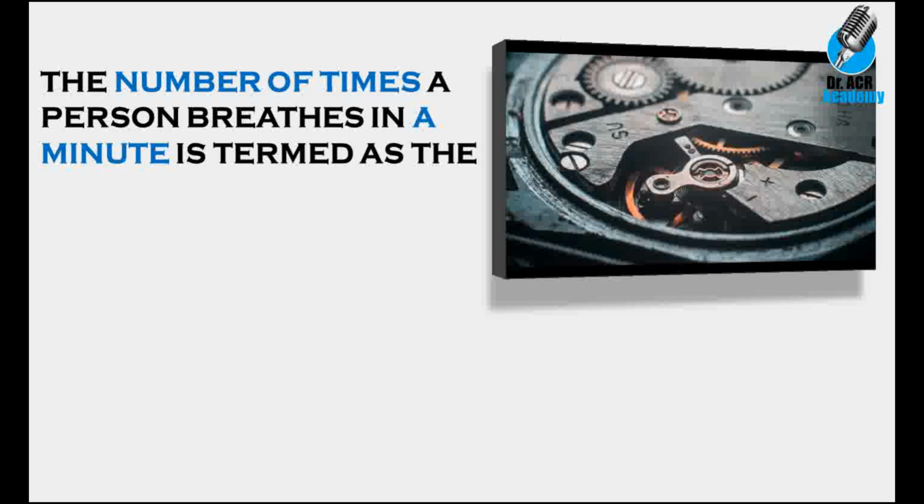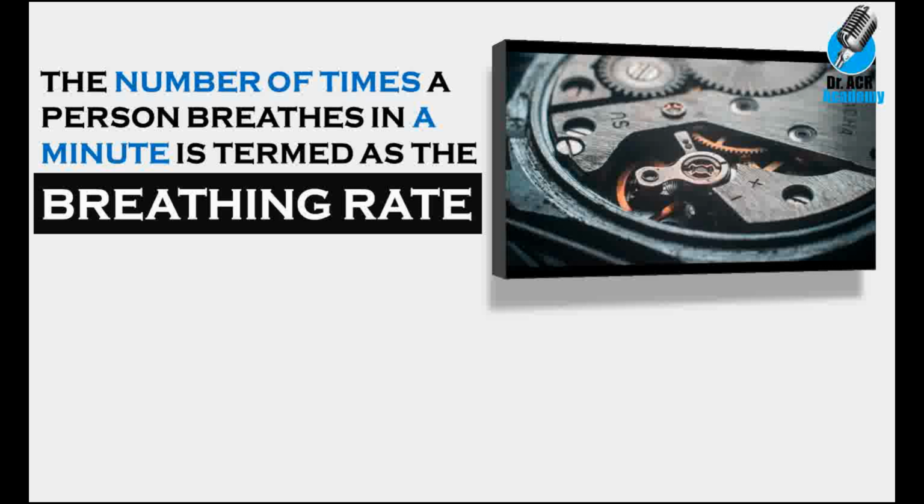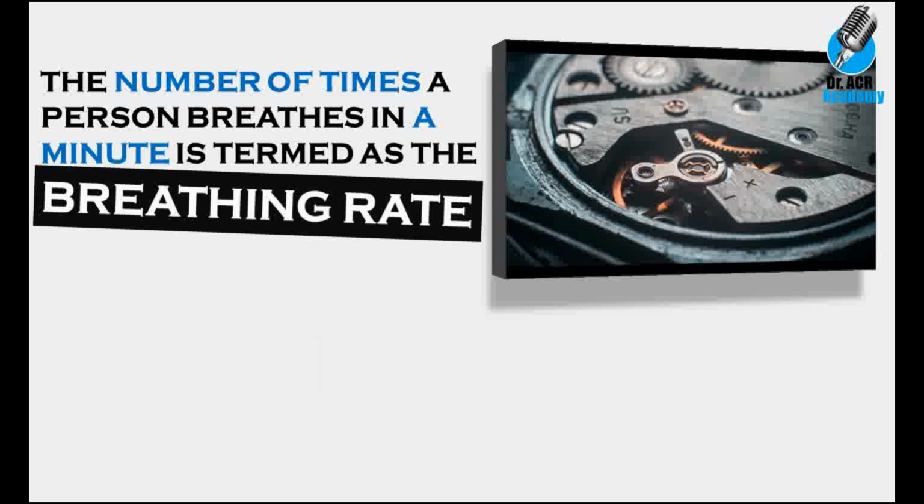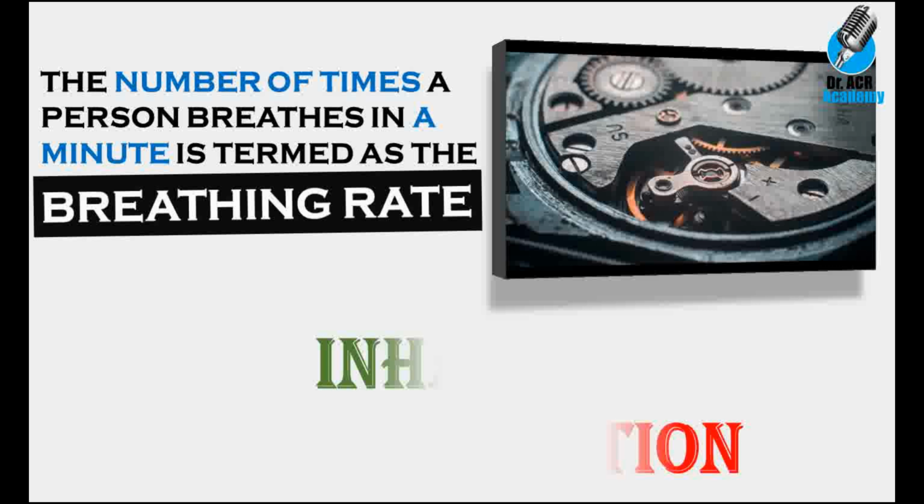During breathing, inhalation and exhalation take place alternately. A breath means one inhalation plus one exhalation. The number of times a person breathes in a minute is termed the breathing rate.